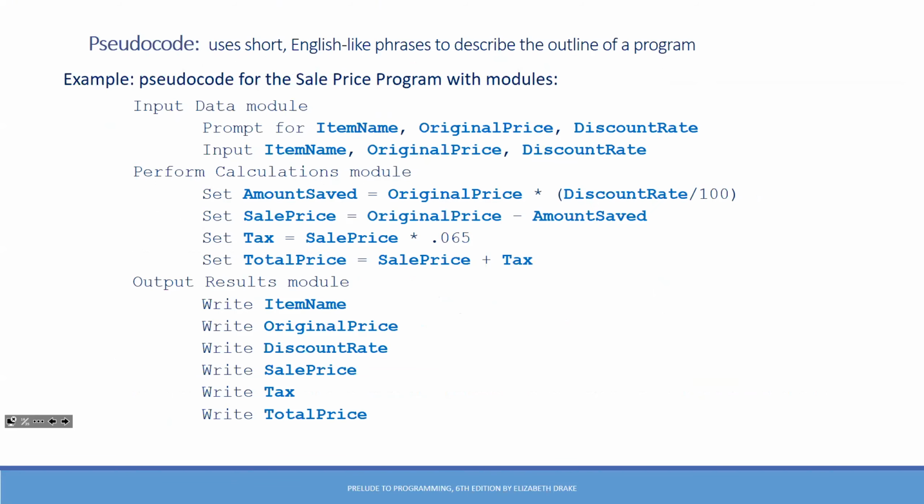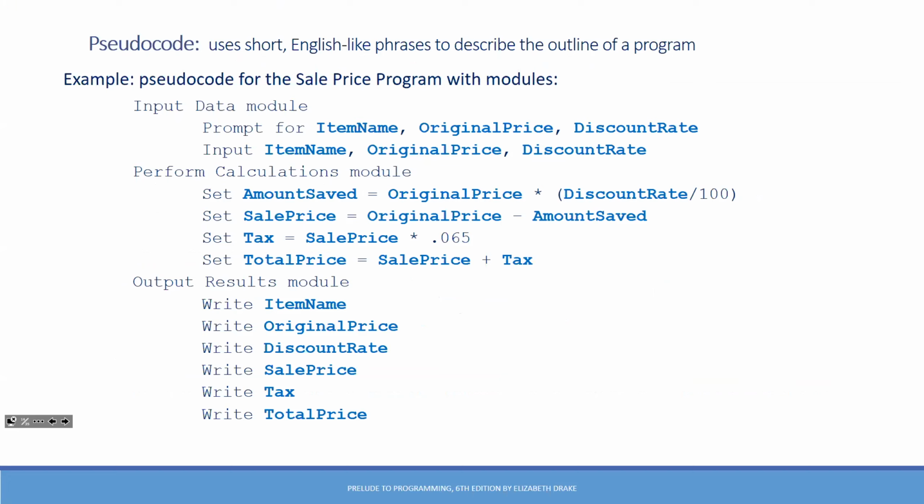Okay, so here's our pseudocode. It's a little bit longer now. So we've split things into modules. And we've said for our sales data program that we're going to have an input module that requests input. We're going to have a calculations module that does all of our processing calculations.